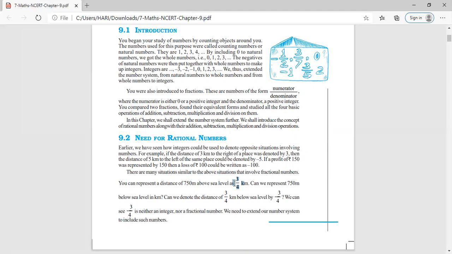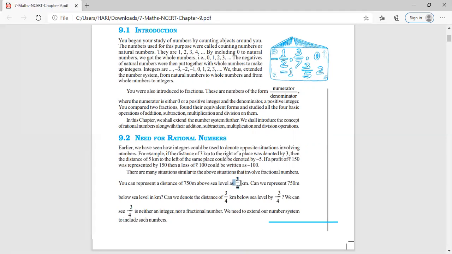So this is the distance above sea level, right? Then how will we represent the same distance below sea level? It will be minus 3 by 4. For representing the height above sea level, we use positive numbers, and for representing the height below sea level, we have to use negative numbers. It will be minus 3 by 4.